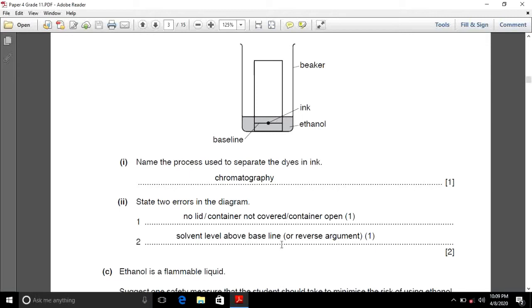The second error is this: the solvent level is above the baseline. The solvent line is above, while the baseline is immersed in the ethanol. If the solvent line is above the baseline, the spot dissolves in the solvent, preventing it from separating, and no observations could be made.